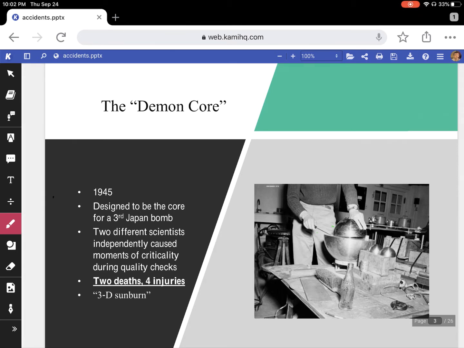So this is when we started designing things like radiation suits and various ways to isolate the equipment so you weren't directly in contact with it, and shielding in case of radiation. The Demon Core resulted in the origination of the nuclear safety business, of realizing that this was not something just to play around with.